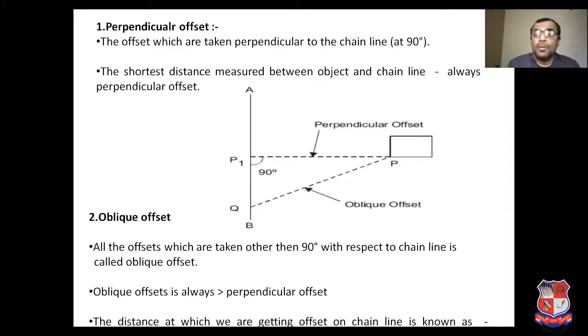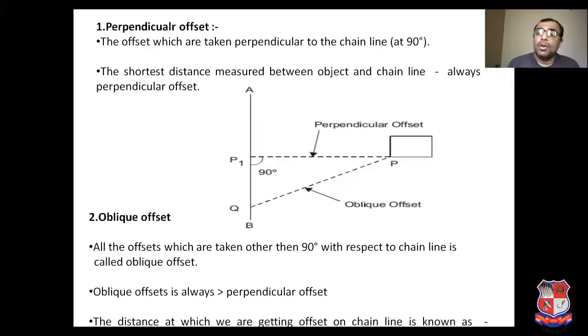So that offset is known as the perpendicular offset. The shortest distance measured between the object and the chain line is always the perpendicular offset.